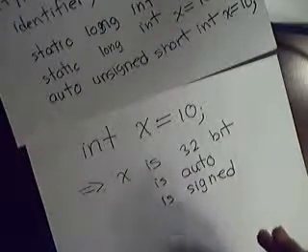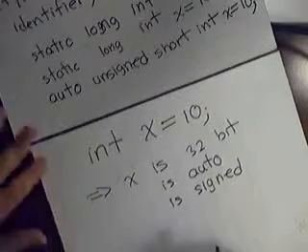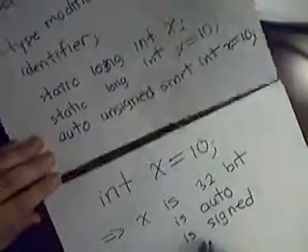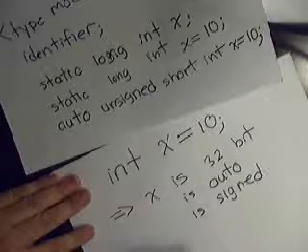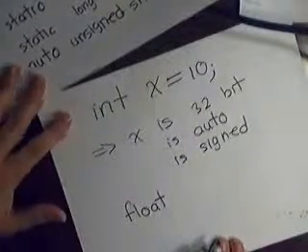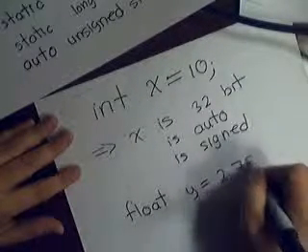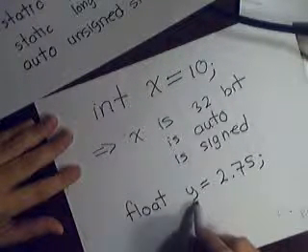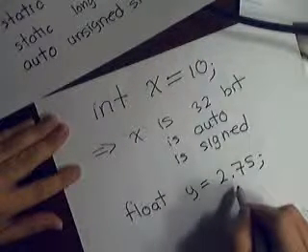Now, like this, we can play with others. For instance, let's say I had the earlier variable y is equal to 2.75. So in this case, we will have float y is equal to 2.75, and I have created the variable y in C that is going to store initially 2.75.